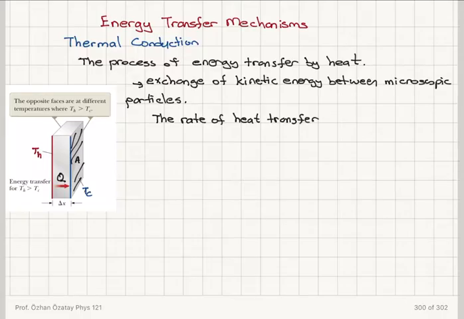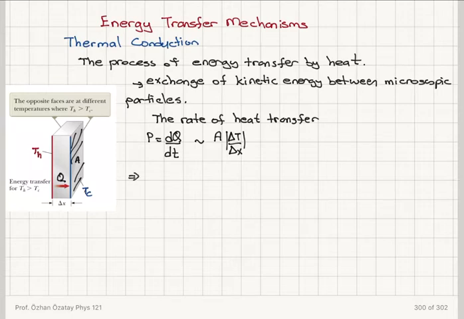It's going to be power, dQ/dt, and it is going to be proportional to the cross-sectional area A and also the gradient of temperature, delta T over delta X. So this takes us to the law of thermal conduction.